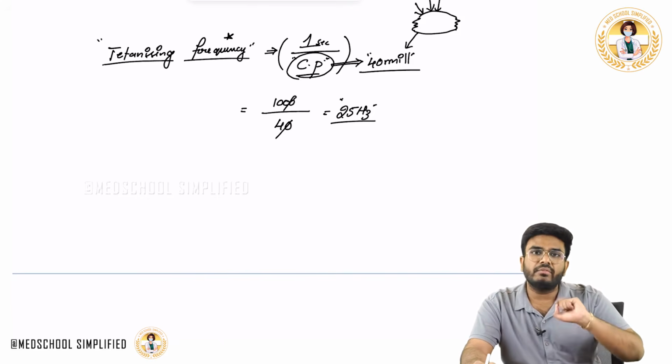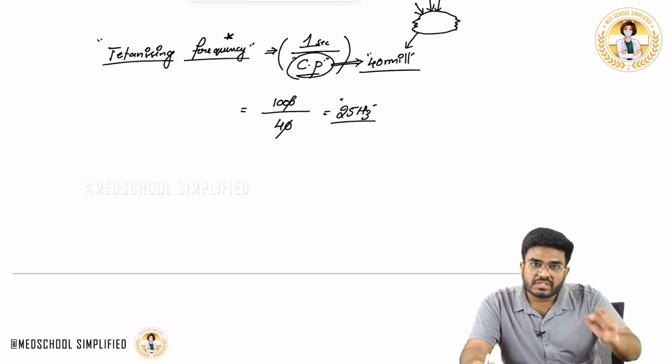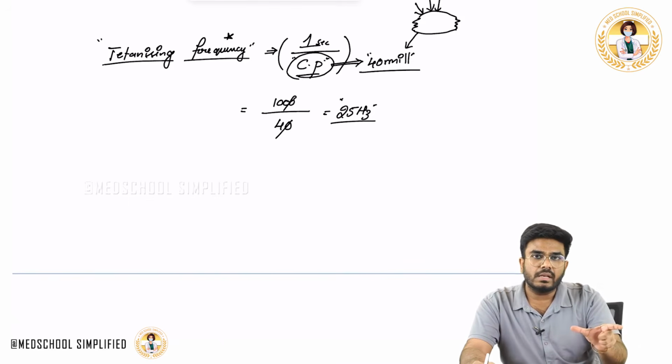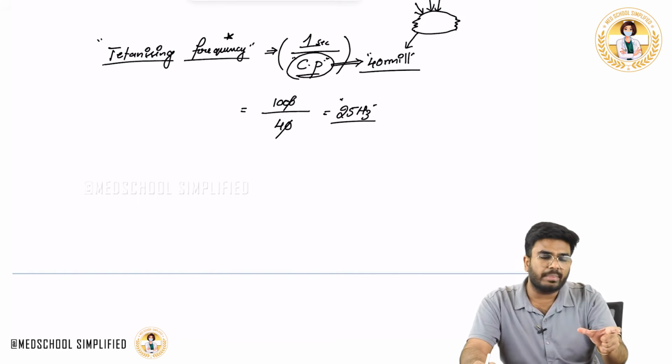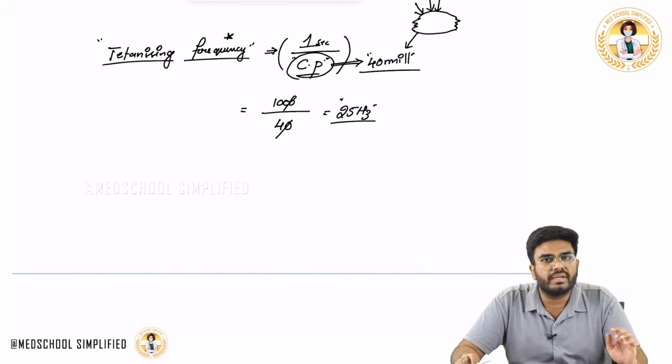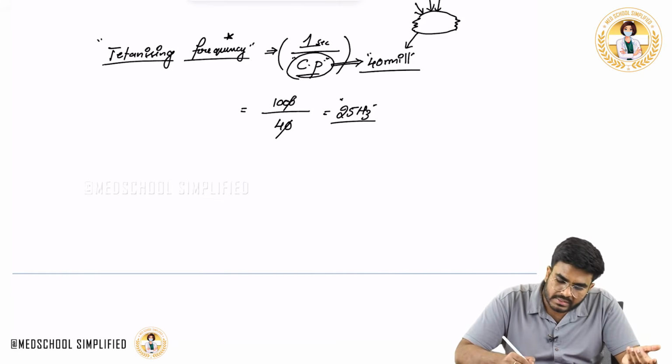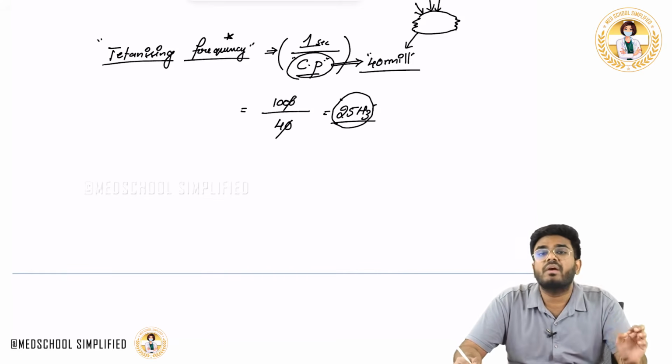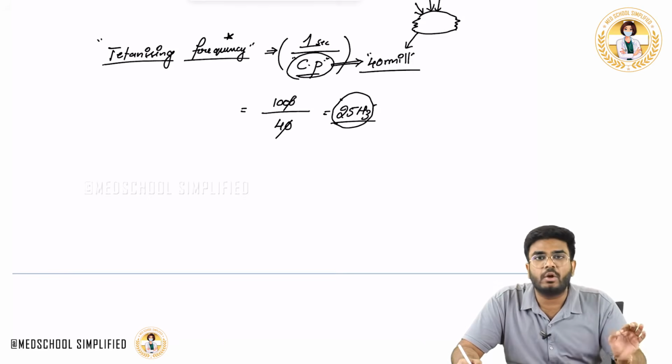If I give 25 stimuli, the muscle is kept completely in the contracted phase. There is no relaxation at all; it maintains a sustained contraction. That is complete tetanus, and this frequency is the tetanizing frequency: how many times you have to stimulate to keep the muscle completely contracted.